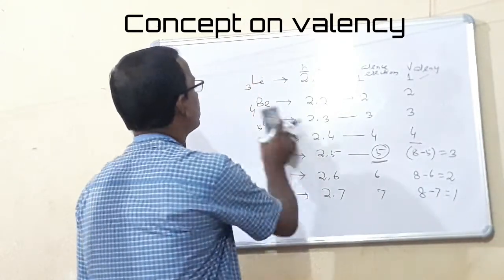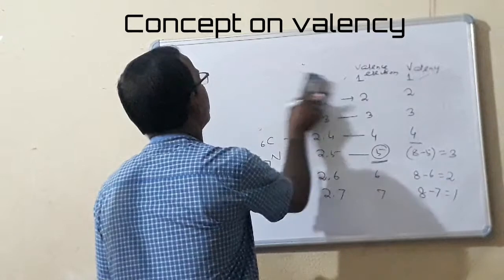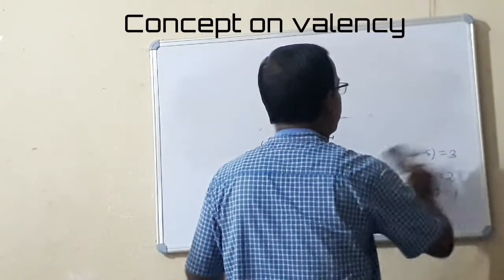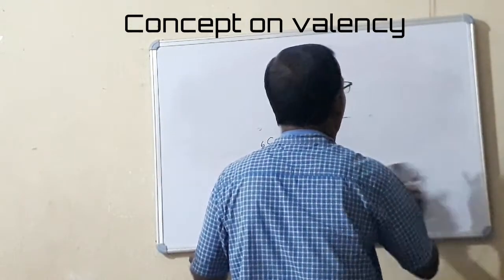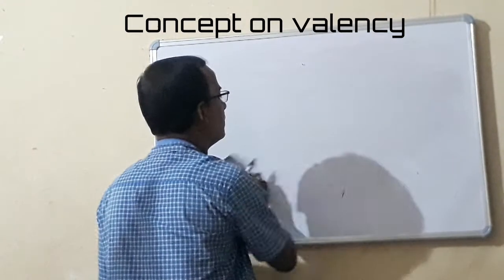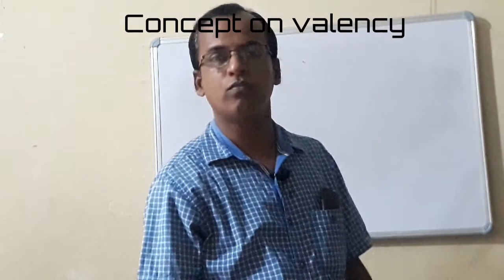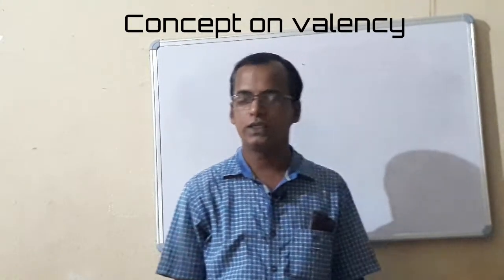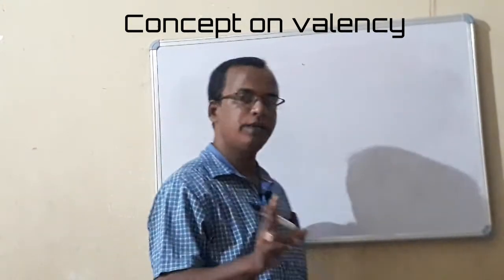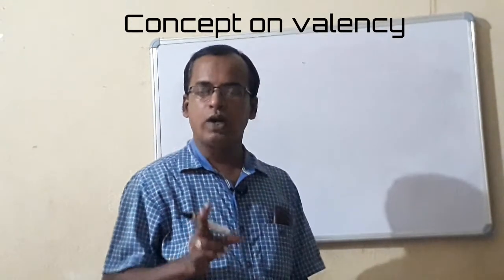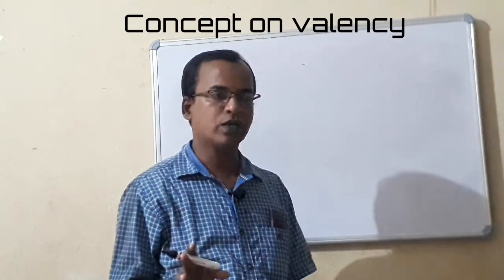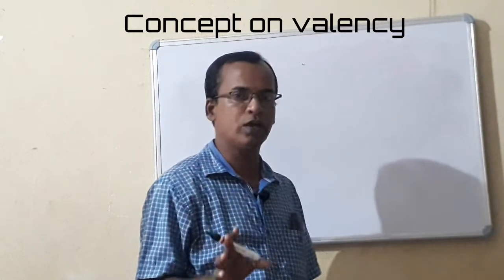So this is one definition of valency. It depends upon the number of valence electrons in the outermost shell. If it carries 1, 2, 3 or 4 electrons, then valency is that number.